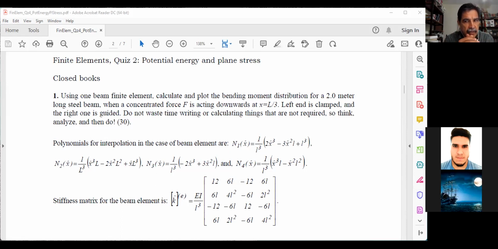I just want you to tell me more or less how can you describe the deformed profile of this beam? Somebody? Mr. Ramon, could you describe the deformed profile of this beam?